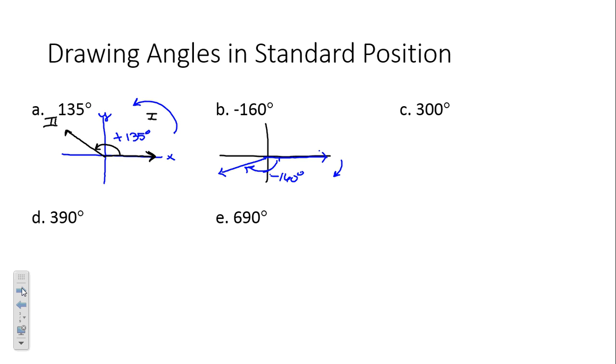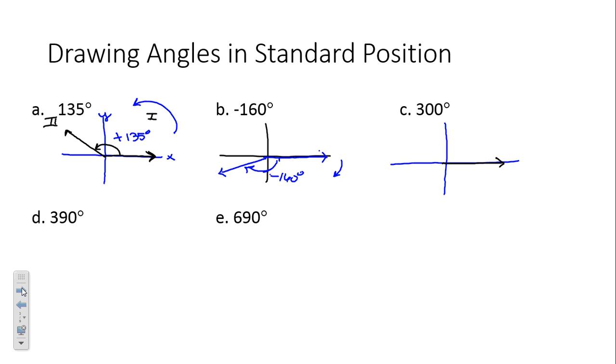Now we're ready for letter C. 300 degrees. Never dealt with 300 degrees before, did we? Okay. So how big is 300 degrees? That's more than obtuse, isn't it? Start at your initial ray, okay?